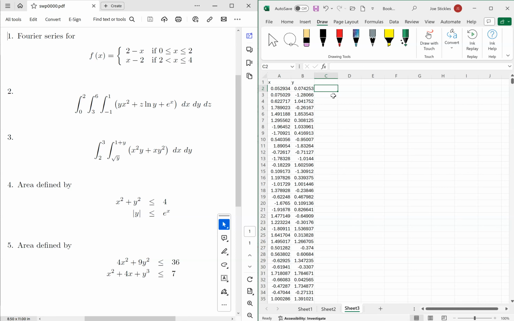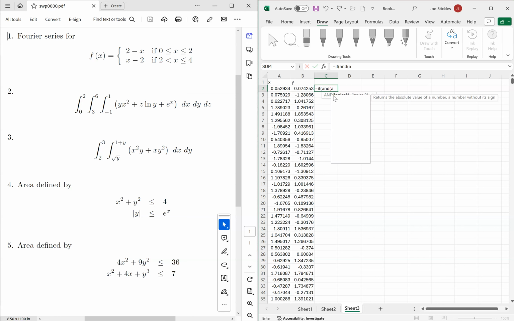All right, what we want to calculate now is a percentage of the 5,000 points we just generated that are in the circle and have an absolute value of the y being less than or equal to e to the x value. Okay. So we'll use the if command again, and again we want to make sure both of those characteristics are met.